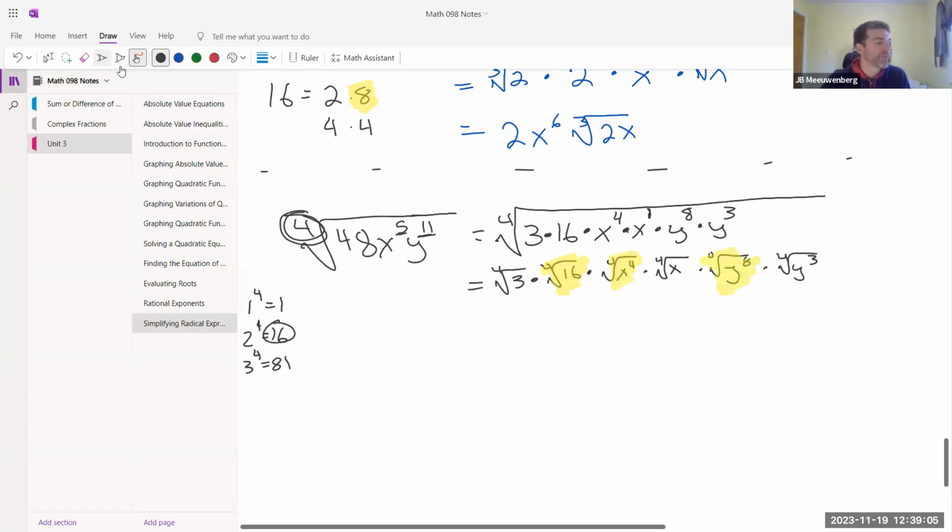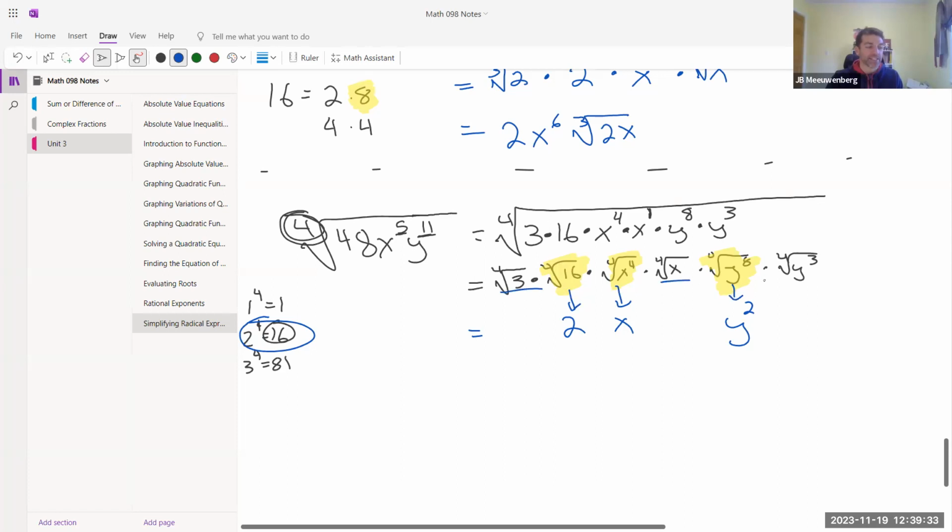We will leave all of the other things on the inside. The 4th root of 16 is 2. The 4th root of x to the 4th is x. And the 4th root of y to the 8th is y to the 2nd. We're always dividing the exponents by the roots.